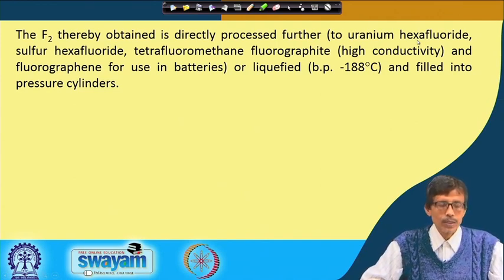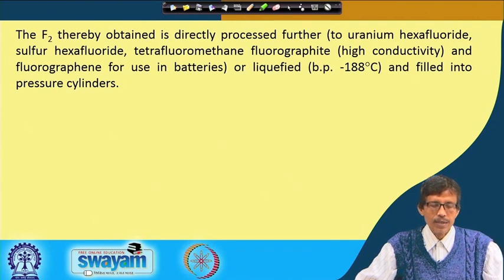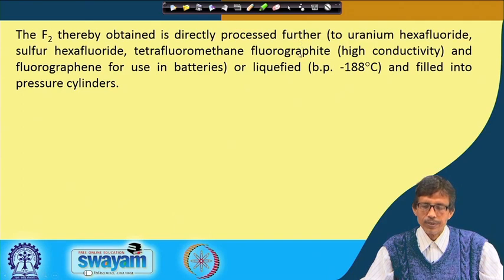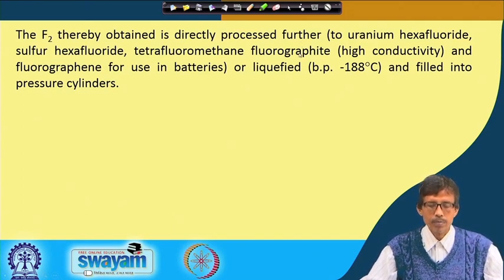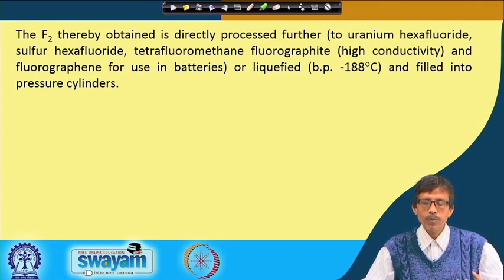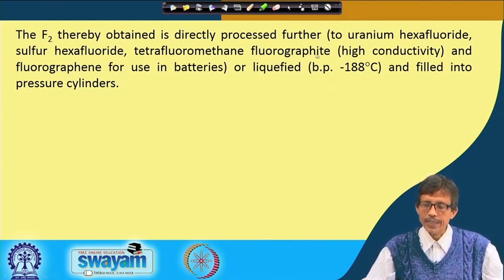Just now I told you that you can make UF6, or sulfur hexafluoride SF6, tetrafluoromethane, where all the hydrogen atoms of methane are substituted by fluorine, or fluorographite. That is one good material, a modification of graphite, because graphite is only a carbon-containing material, but if you can have some amount of fluorine in it, it can be a fluorographite type of thing.